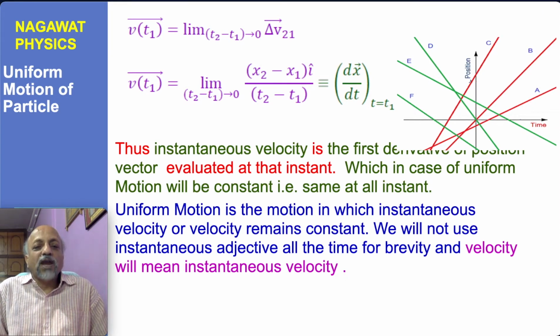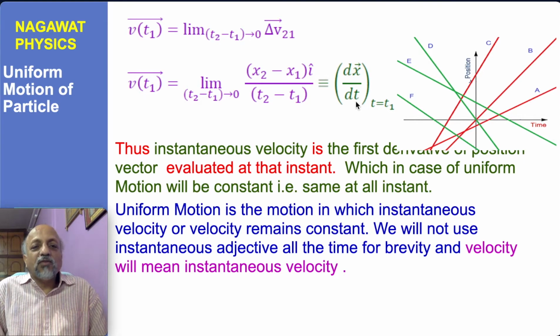So the instantaneous velocity at all instants in uniform motion will also be constant. So when average velocity is constant, instantaneous velocity is also constant in uniform motion. We can also define uniform motion as a case where instantaneous velocity is constant.